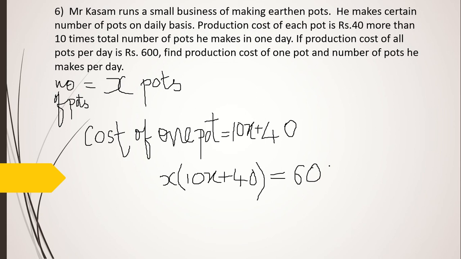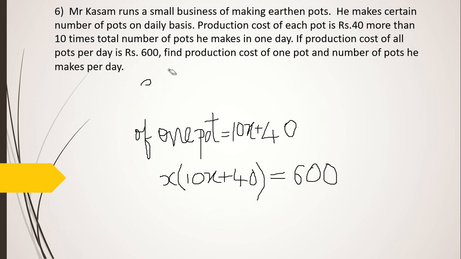This is the condition we got, and if you can get this condition, half the job is done. Now just multiply this x inside, you will get a quadratic equation. Solve the simple quadratic equation and you will get the value of x. You get the value of x means you got the number of pots. Also we have to find the production cost of one pot, so you put it in this. Okay, so let's see how we are doing it.